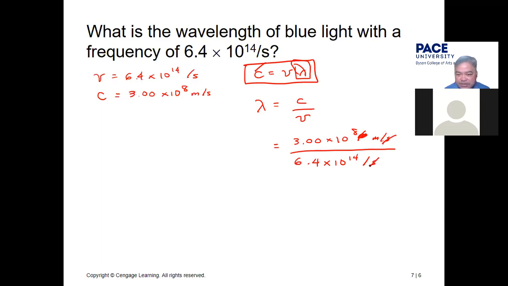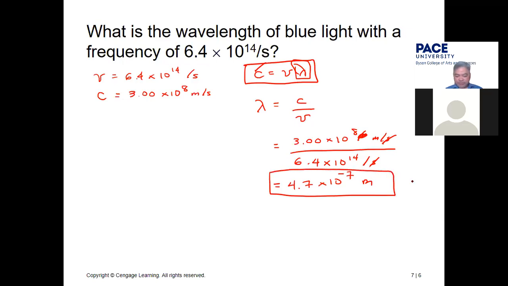The seconds cancel, and you have an answer in meters. That would be 4.7 times 10 to the negative 7 meter.